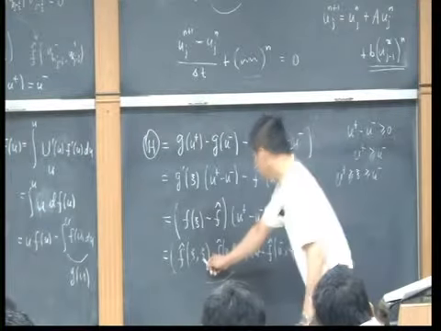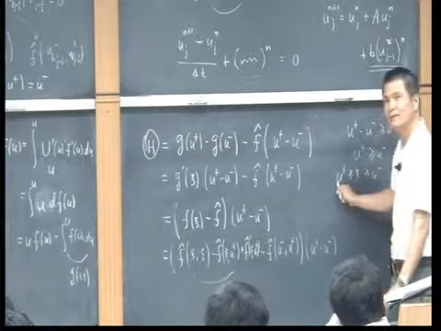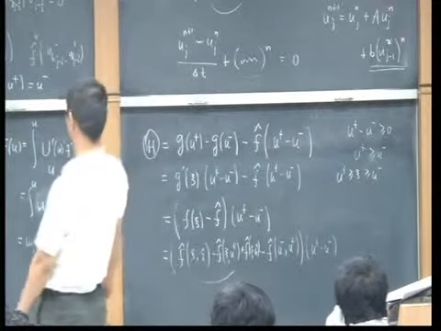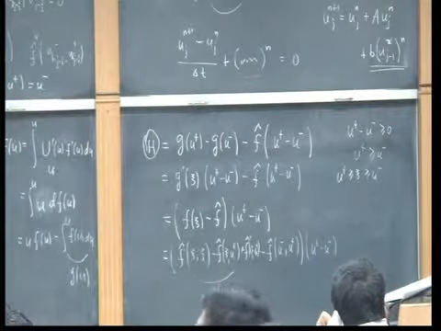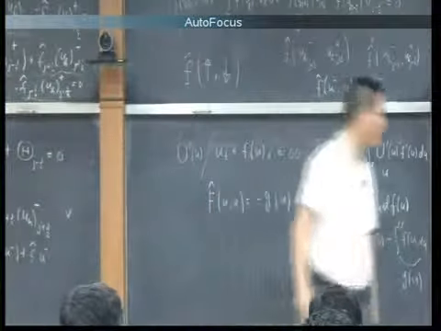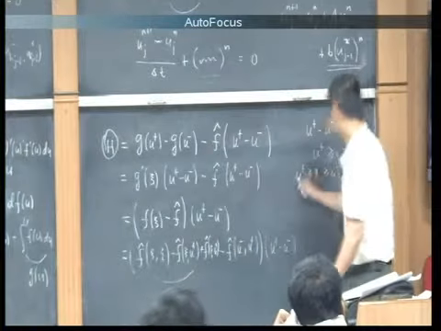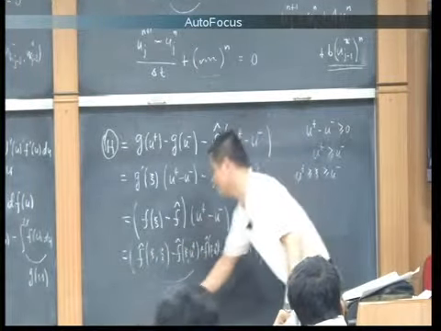The second argument, C, is less than U plus. F hat is a monotone flux, so it's an increasing function of the first argument and a decreasing function of the second argument. This is smaller than U plus, so F hat of this is bigger than F hat of this. So this term is positive.